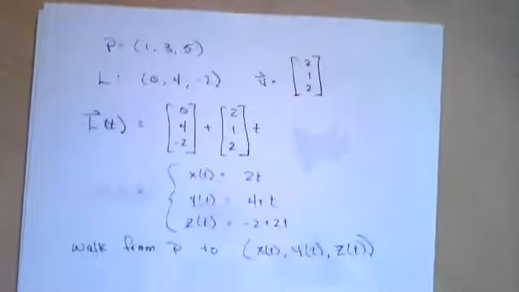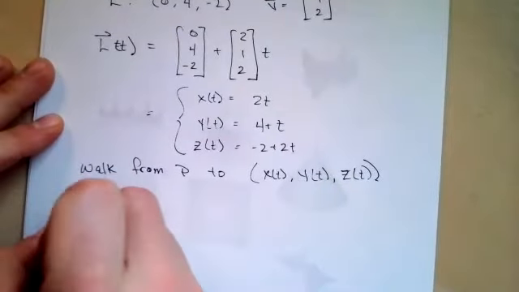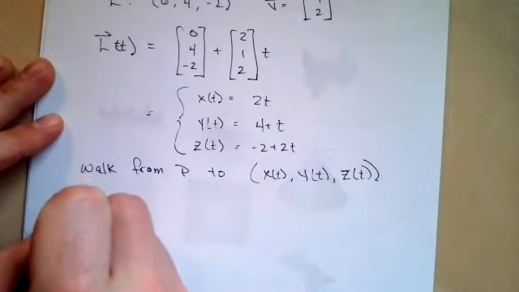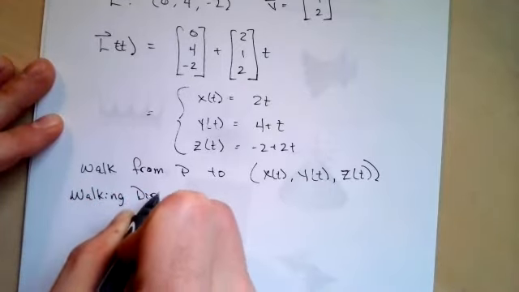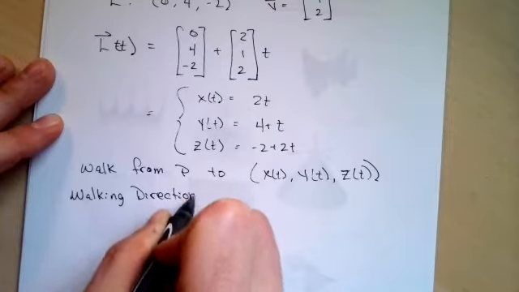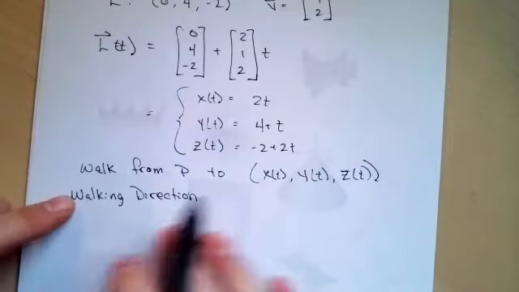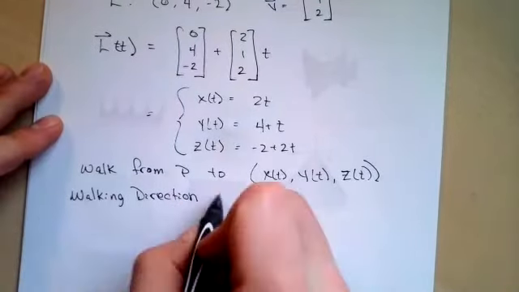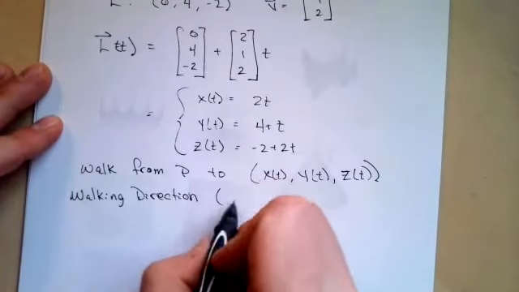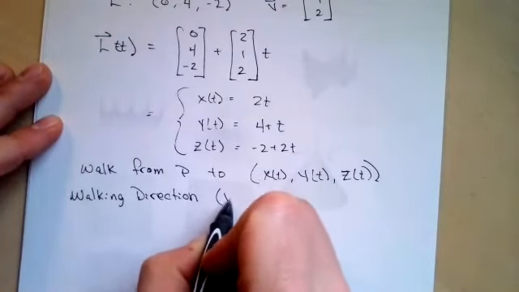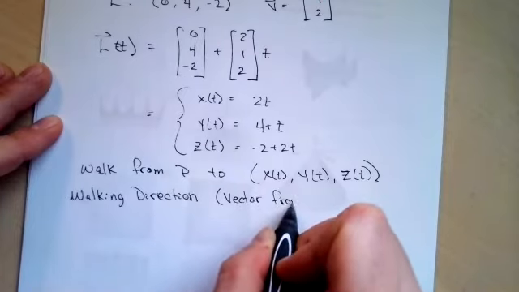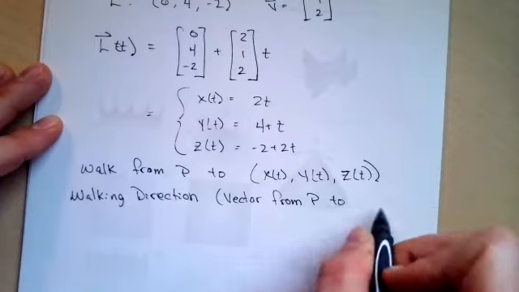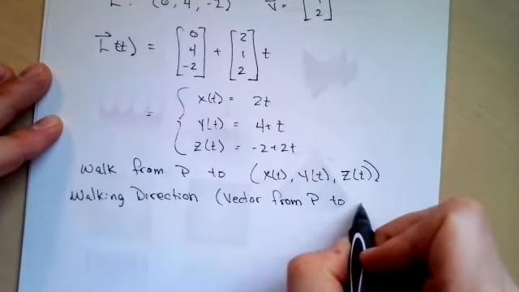The direction we are walking, so of course I'm using this notion of us walking from P towards this line. You could also describe it as our directional vector to the point on the line.